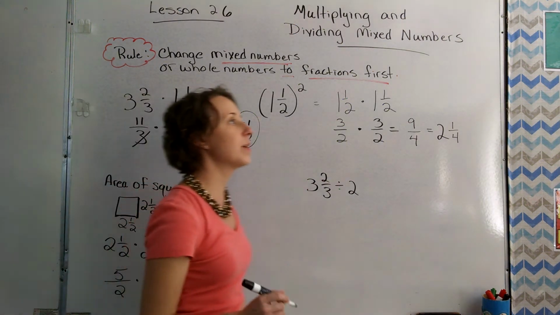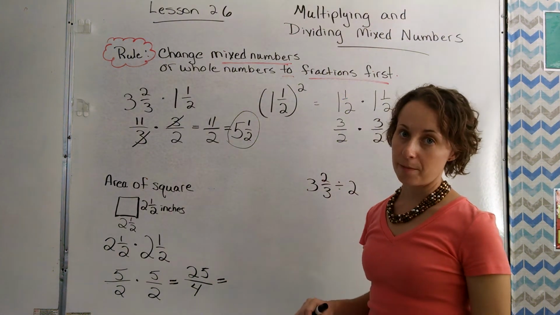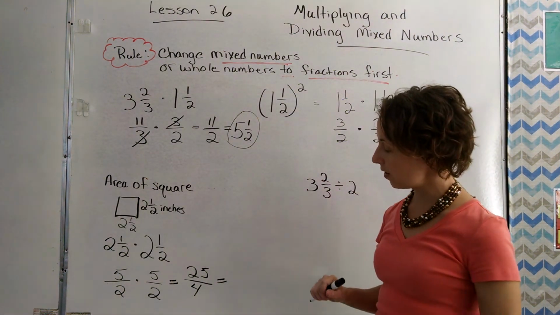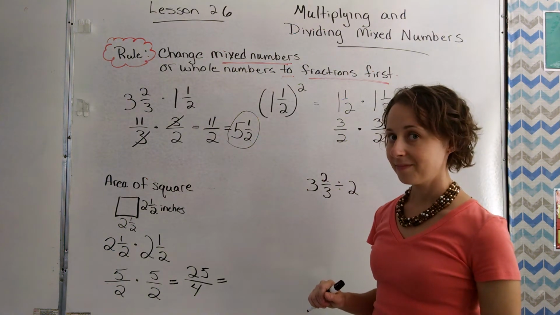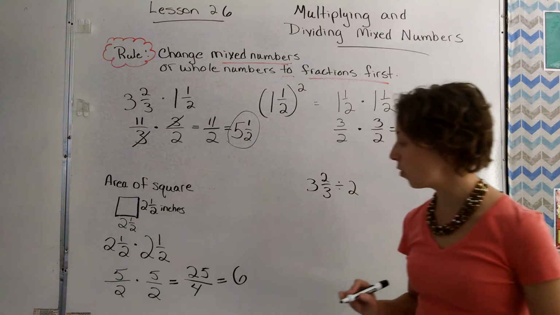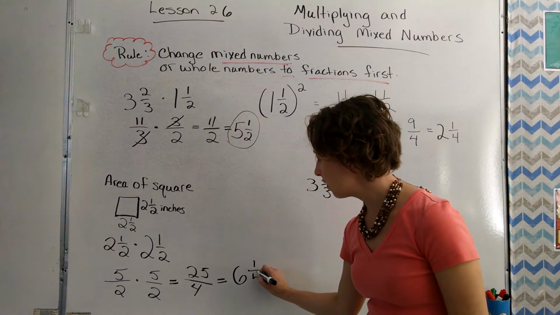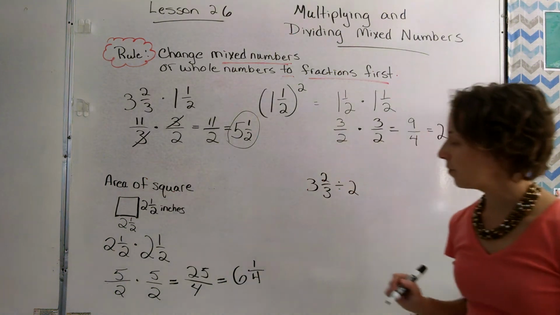Now let's turn it back into a mixed number. Take 25 and divide by 4. How many 4s are there in 25? Well, there should be 6 4s. 6 times 4 would give me 24, with 1 left over to get up to 25. Keep your denominator, 6 and 1/4.